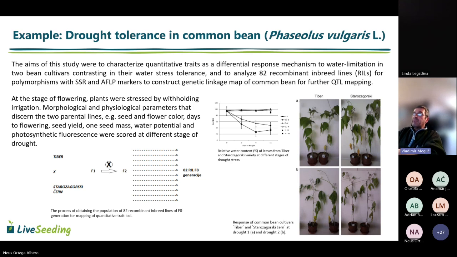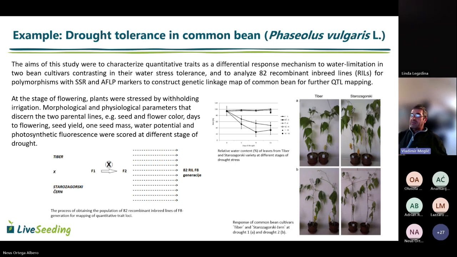So the last example is the drought tolerance in common bean. This study was aiming to characterize quantitative traits as a differential response mechanism to water limitation in 2 bean cultivars contrasting in water stress tolerance, and then to analyze 82 recombinant inbred lines for polymorphisms with different molecular markers to construct a genetic linkage map of beans, and to use that for further QTL mapping.